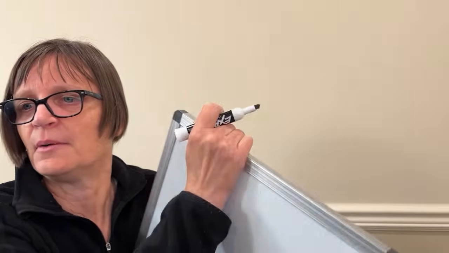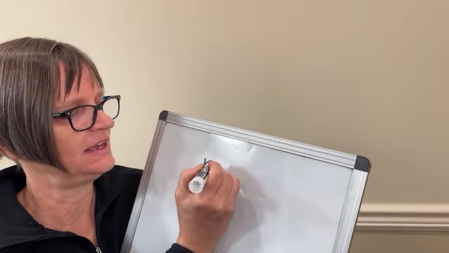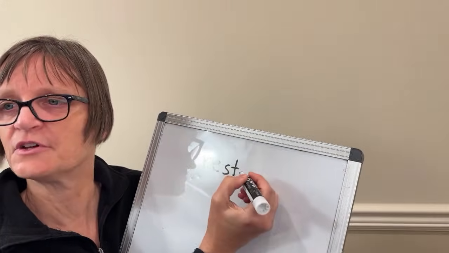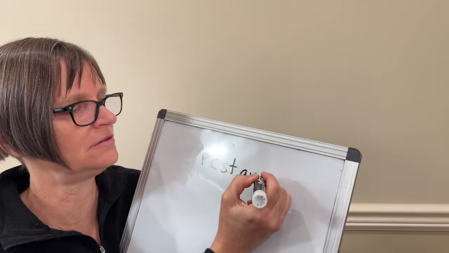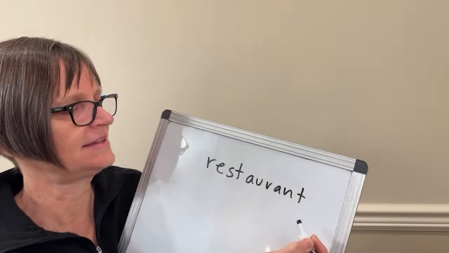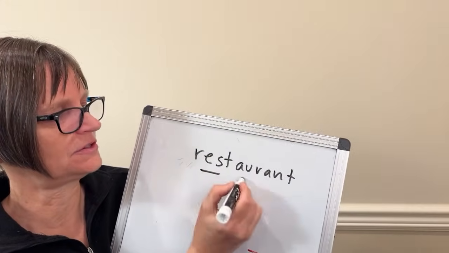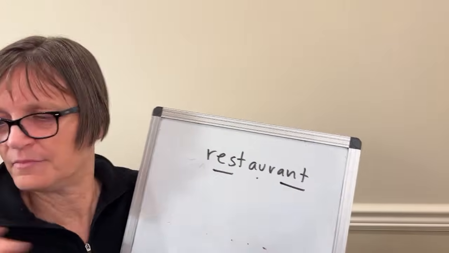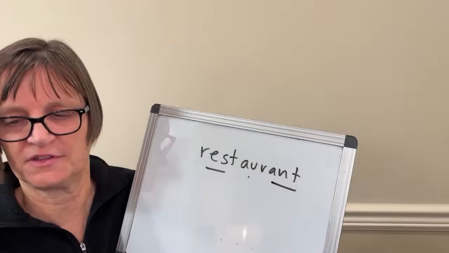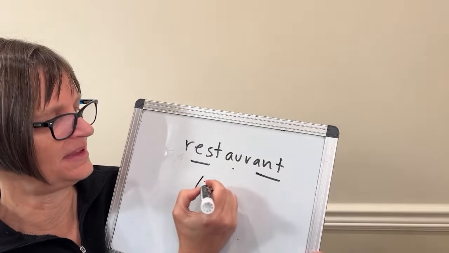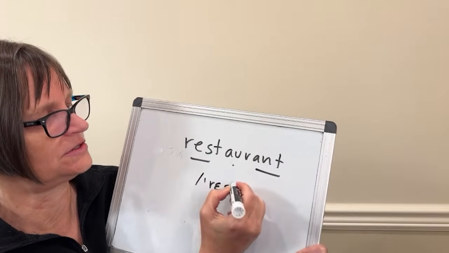We have a question about how to pronounce restaurant. So basically, there's two different ways. In restaurant, we can say it as three syllables, restaurant, with the first syllable being stressed. That would sound like the IPA would be restaurant.